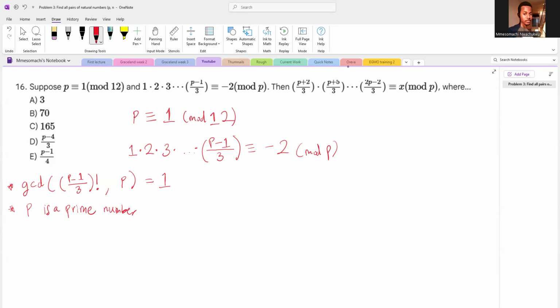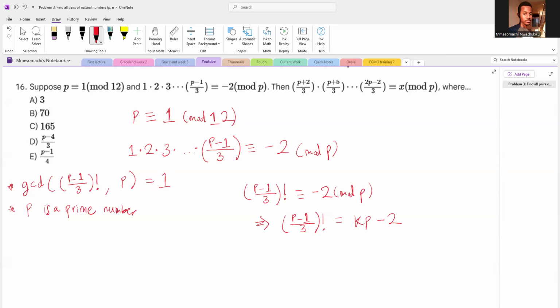So first of all, we have that (P minus 1) all over 3 factorial is congruent to minus 2 mod P. So this implies that we can express this as equal to some Kp minus 2.